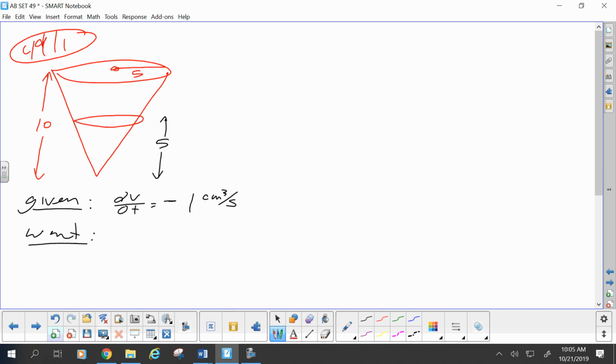How fast is the depth of the liquid changing? So that's dH dt, and when do they want it? When the depth is 5, so when h equals 5 centimeters, yeah? All right, so far everything's going smoothly.